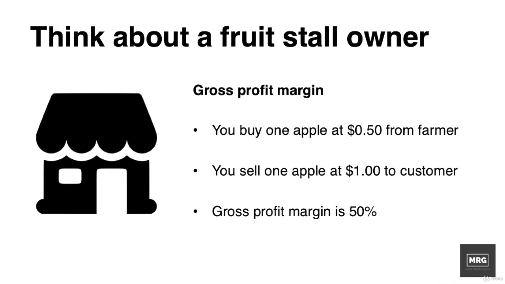So 50 cents divided by $1 multiplied by 100%, you get a gross profit margin of 50%. This 50% means how much money you're making after taking off the direct cost associated with producing and selling the goods.